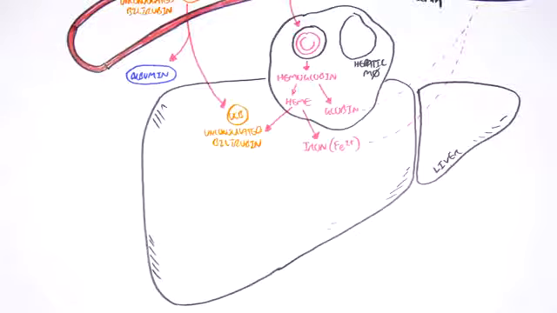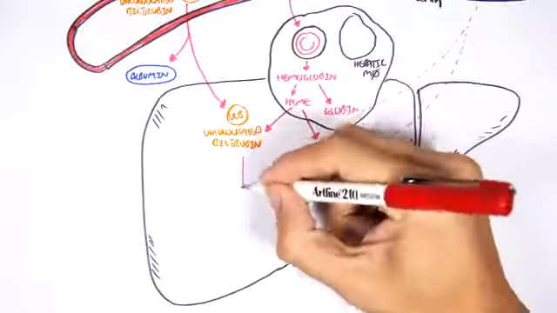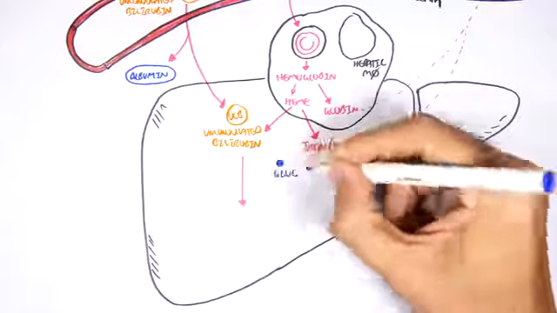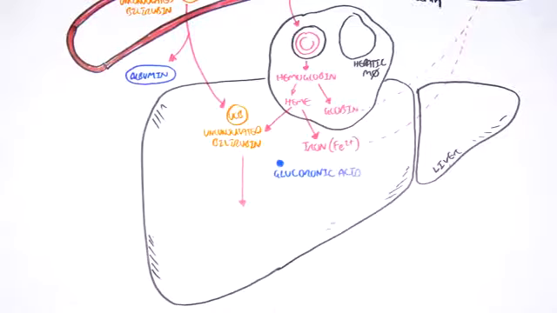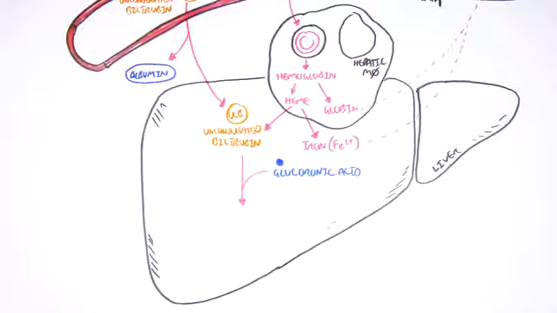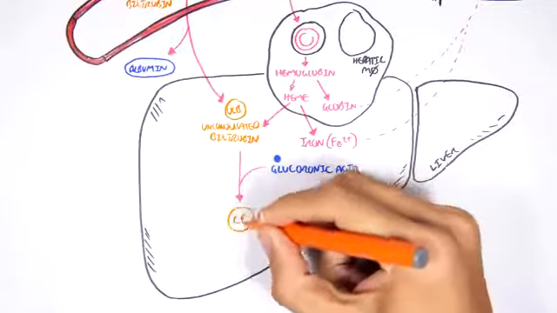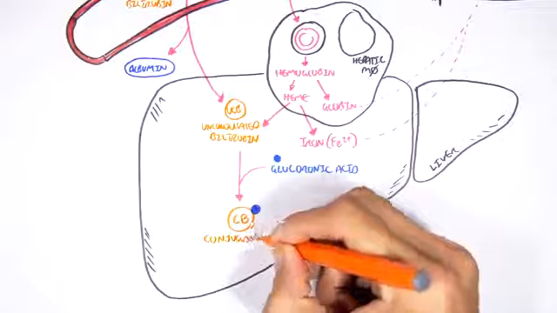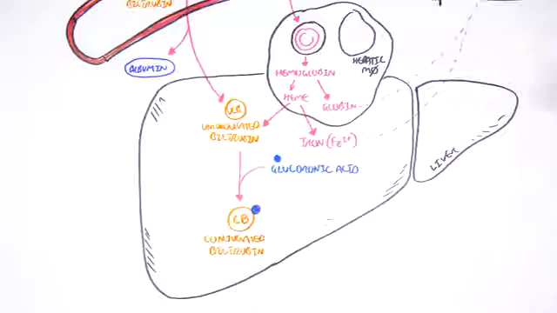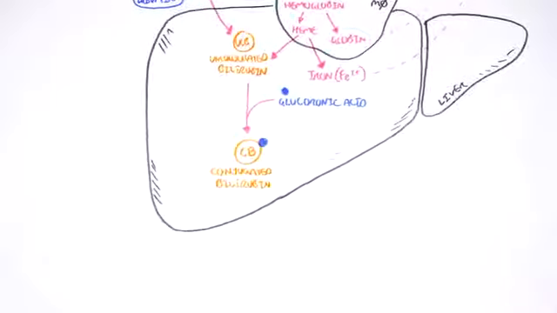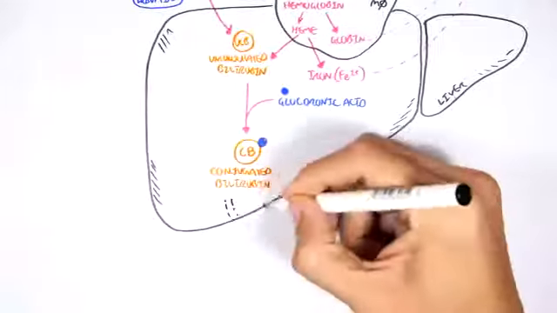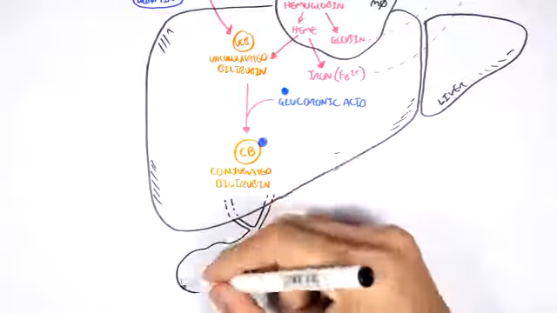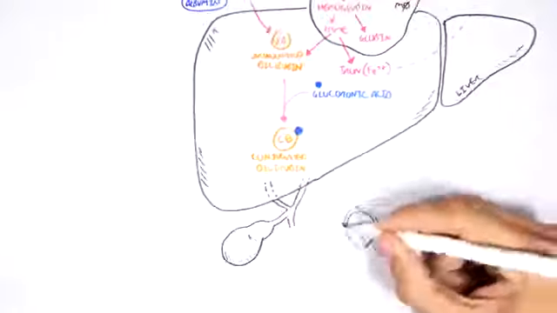What happens in conjugation is that the unconjugated bilirubin will be converted to a conjugated bilirubin with the addition of glucuronic acids. The conjugated bilirubin is now water soluble. So it's an important concept to know that the unconjugated bilirubin was lipid soluble, whereas the conjugated bilirubin is water soluble.